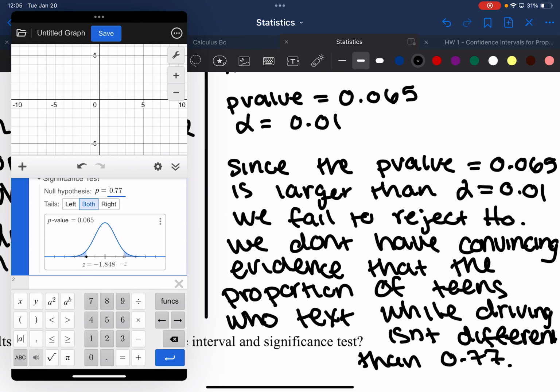We don't have evidence for that. That's why I'm saying isn't different, because the original alternative hypothesis is that it was different.